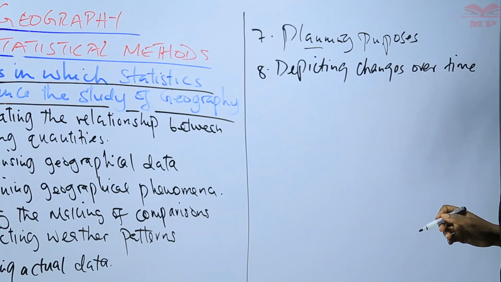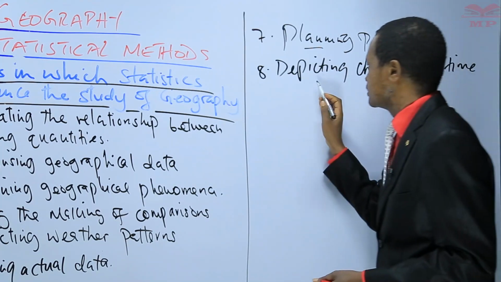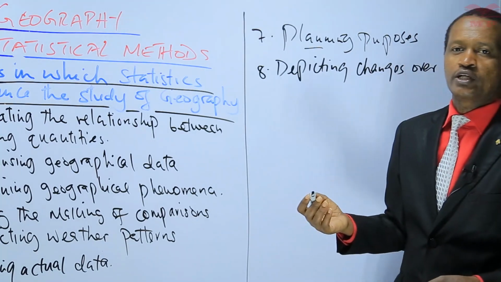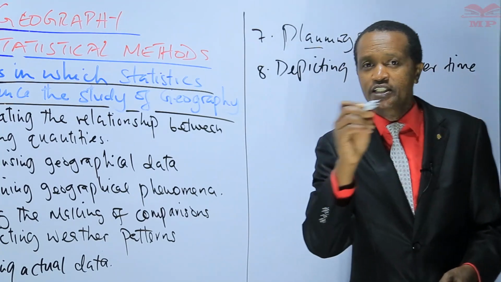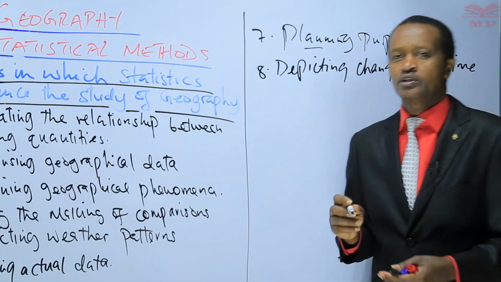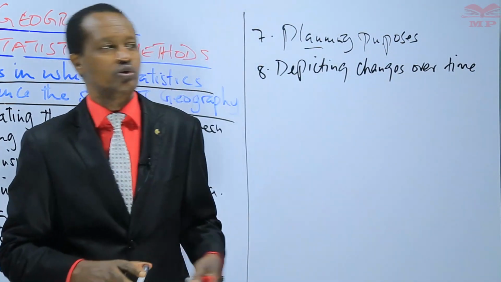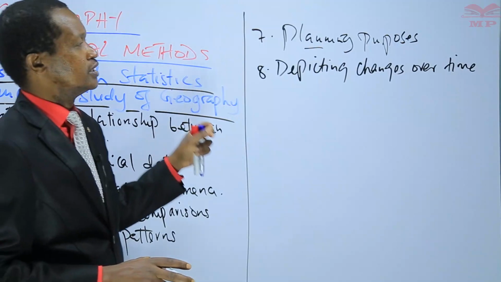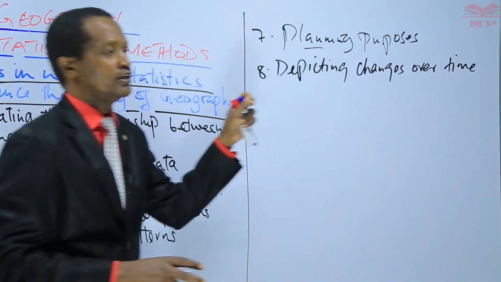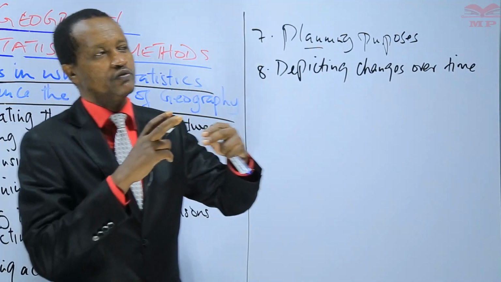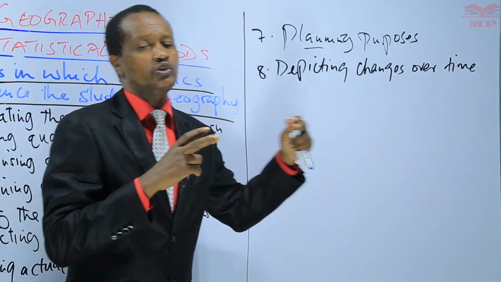Depicting changes over time. To depict, learners, is just to show. Statistics clearly shows changes through time. For example, a country may want to know the changes in, say, export of coffee over a period of 30 years or 20 years.